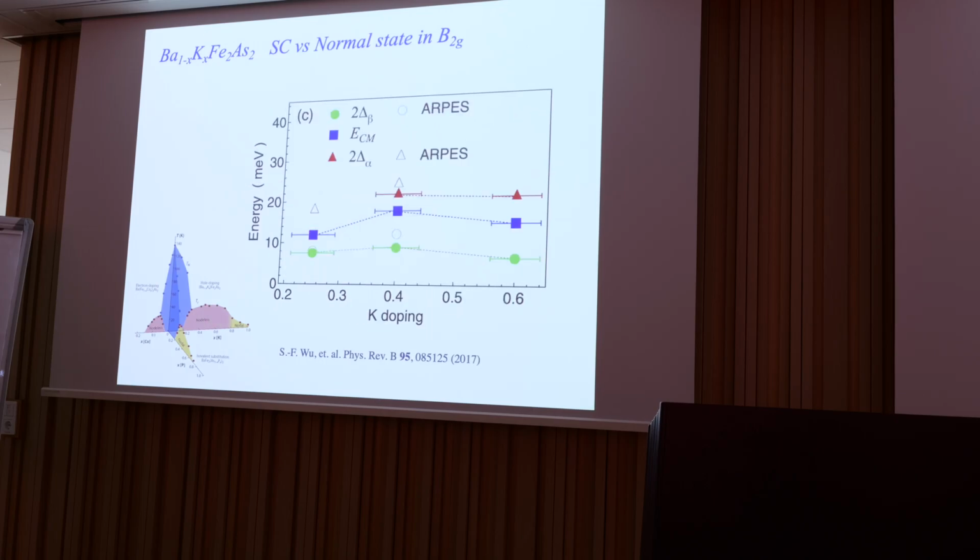So the question is what would happen if we dope that sample further. This is the collective mode, its dependence on doping. So we had samples here, here, here. This is how it behaves.